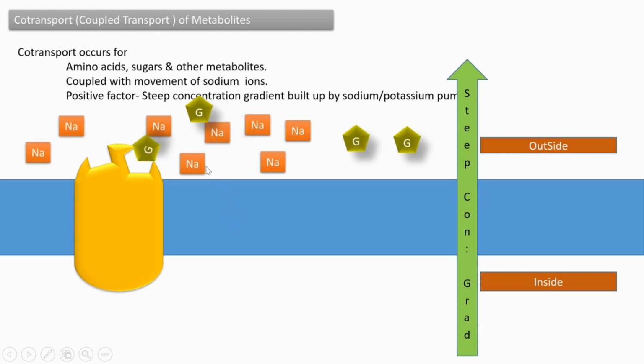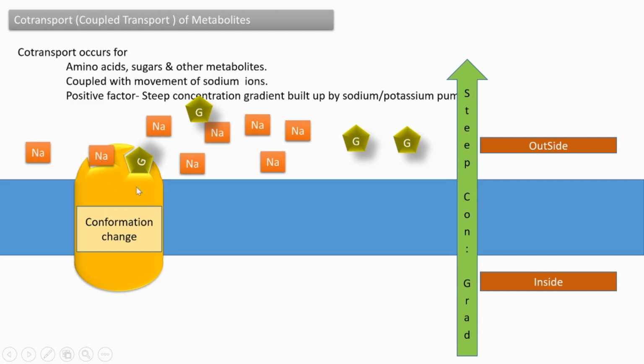So what happens next? The glucose first comes and binds the carrier protein. As glucose binds, one sodium also comes and binds another site of this carrier protein.